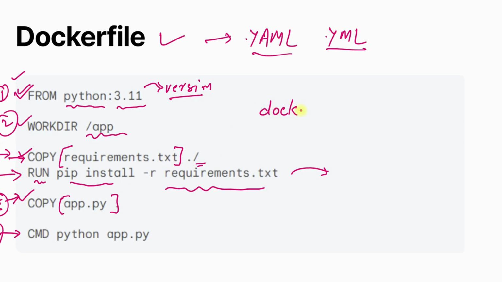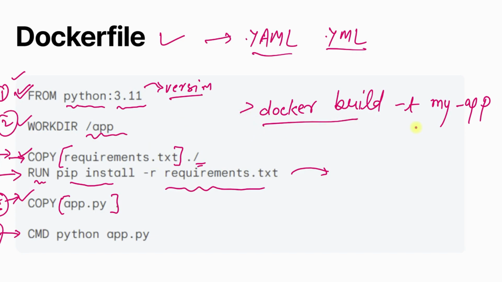What is the docker build command? For example, we are going to save this image as my app. Then we need to define the name of that one, and we want to save it in our local directory. Okay. So this is how we need to run this command.